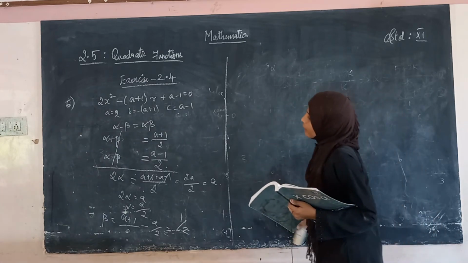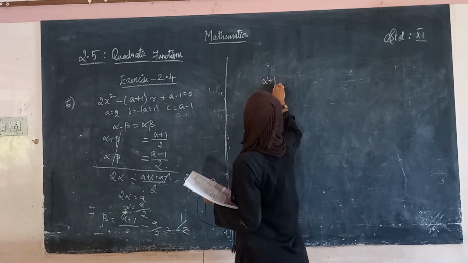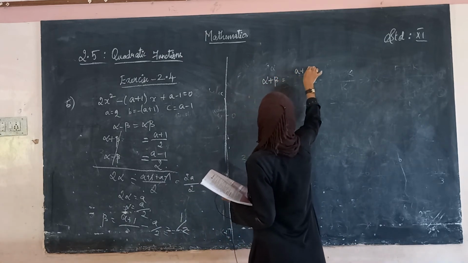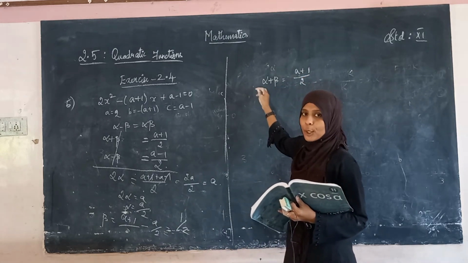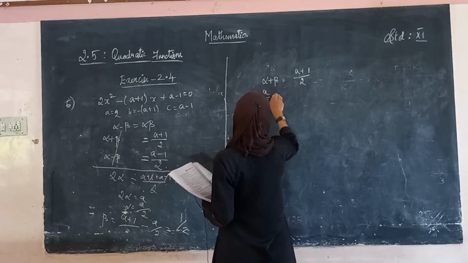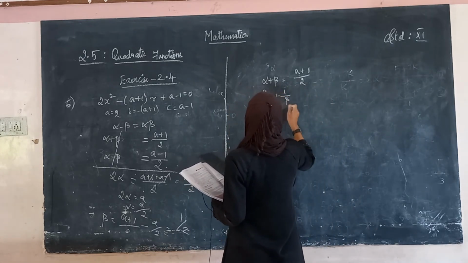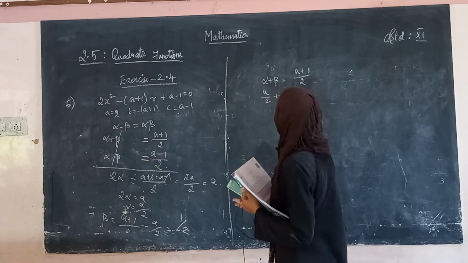What do we have to prove? We have to prove a is equal to 2. So, take this one: alpha plus beta is equal to (a + 1) divided by 2. The value of alpha is a divided by 2 and the value of beta is 1 divided by 2. Therefore, a divided by 2 plus 1 divided by 2. So, the given condition is this, right?